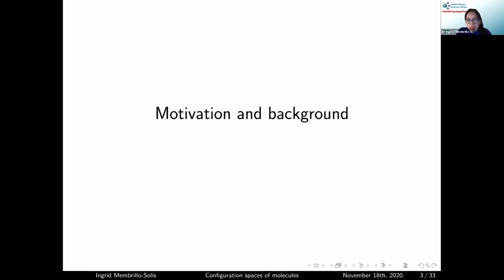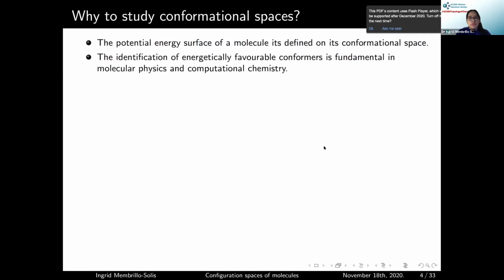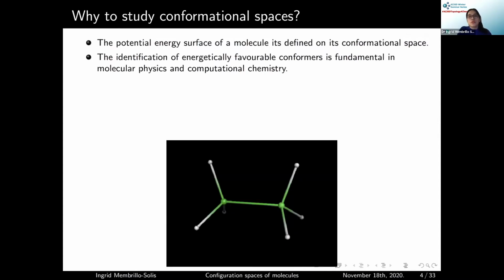So let's start. First of all, why do we want to study conformational spaces? Let me recall that the potential energy surface of a molecule is defined on its conformational space. The identification of energetically favorable conformers is fundamental in molecular physics and computational chemistry.